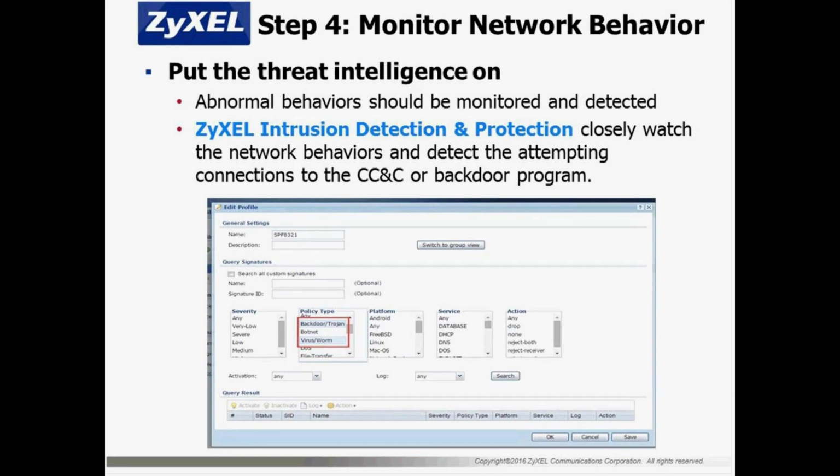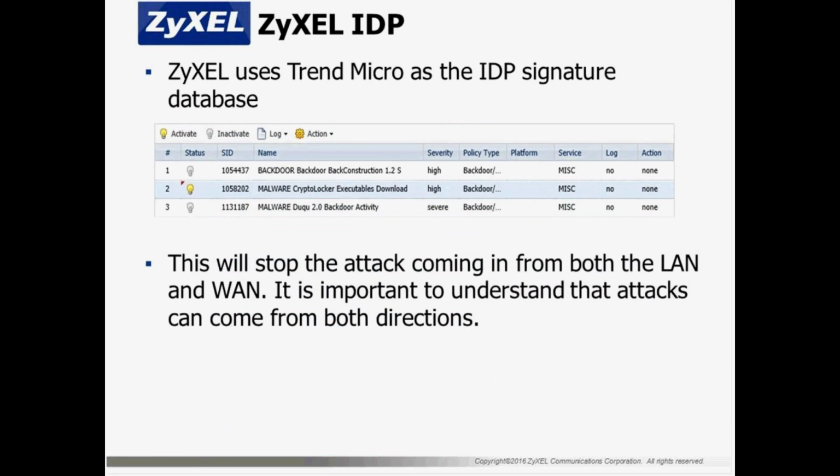The last part, or step 4 within this, is obviously the intrusion detection. Again, we can look through this. We have these definitions in there, and I had a quick look through, and again we can see malwares. So we use the Trend Micro IDP engine.